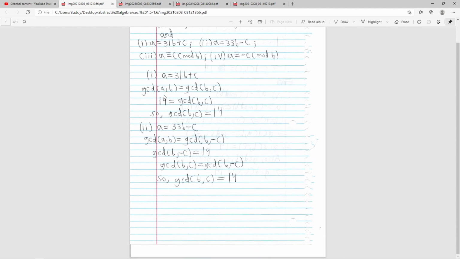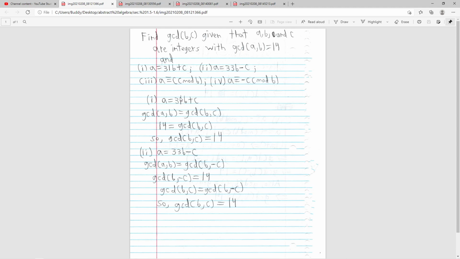The first one is A equals 31B plus C. There's a theorem that states GCD of A and B is equal to GCD of B and C if the condition A equals QB plus C is satisfied. So GCD of B and C is equal to 14, because that's what GCD of A and B is.